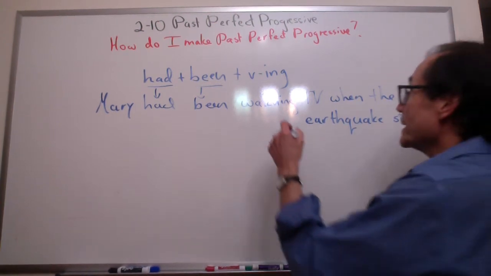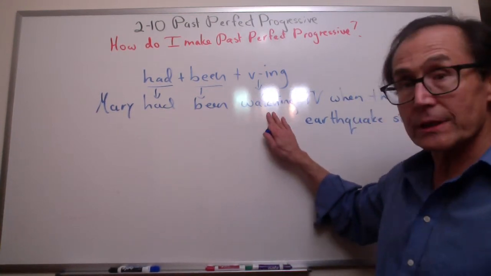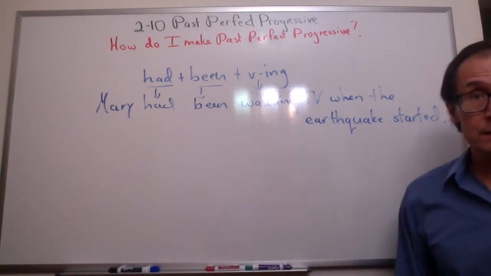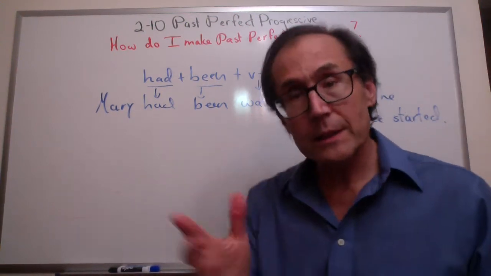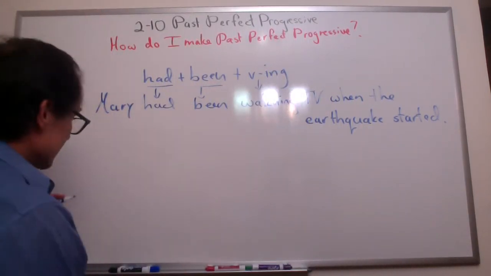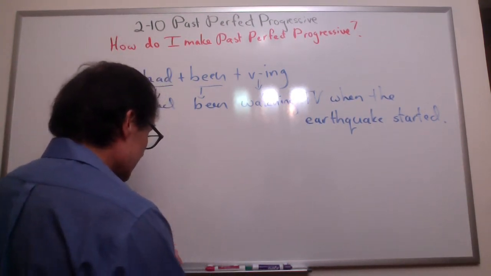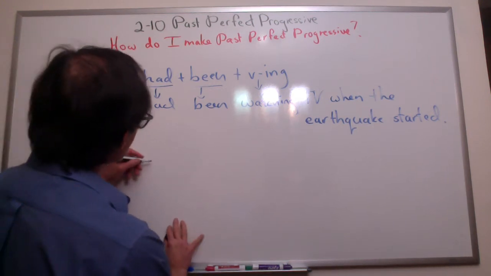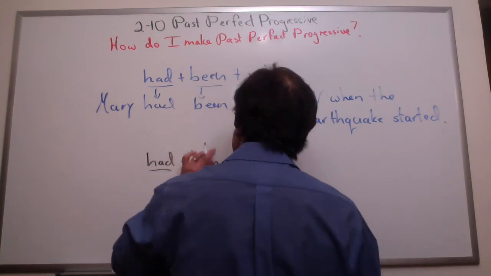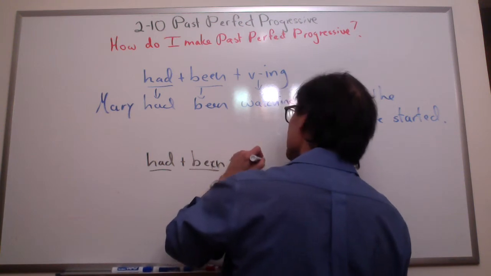So, here again, I have had and been and verb ing. And we still need to talk about, what does this mean? But this is how I make it. Let's do another example. Every time I use past perfect progressive, I'm going to use had plus been plus verb ing.